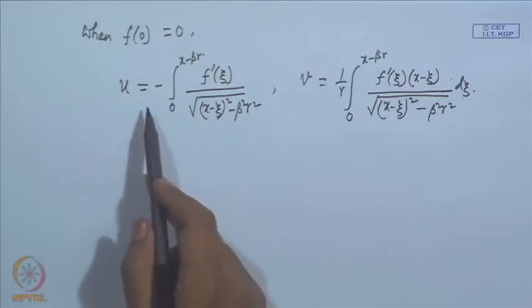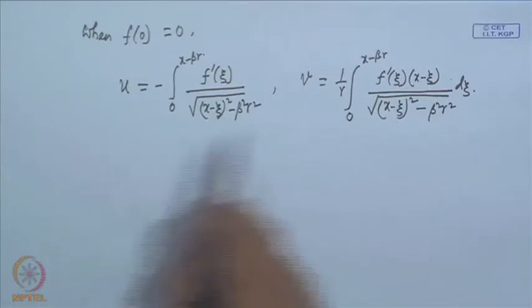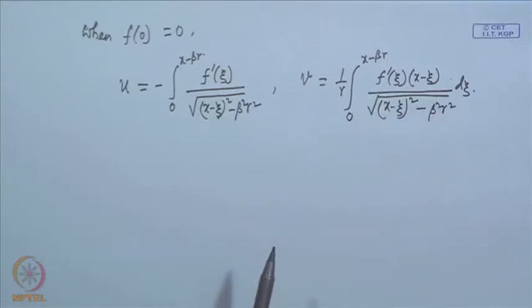The perturbation velocity components at any point x and r are given by these relations.